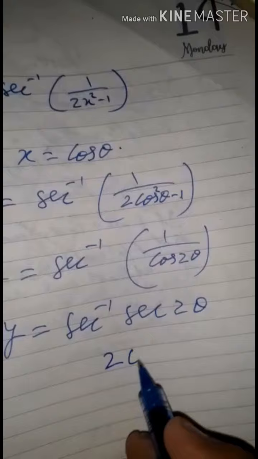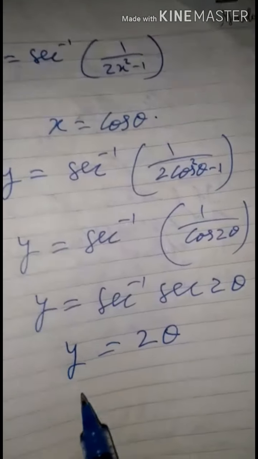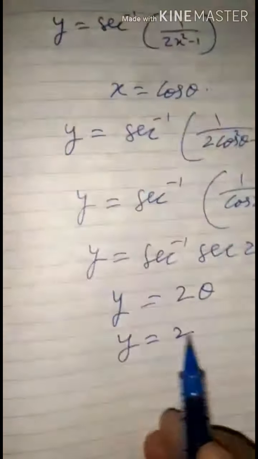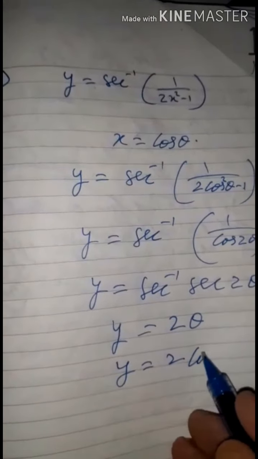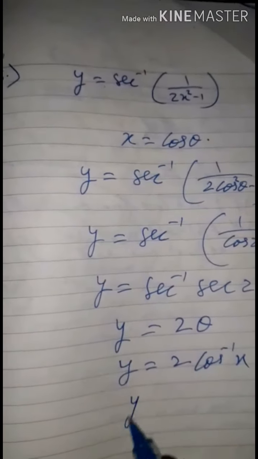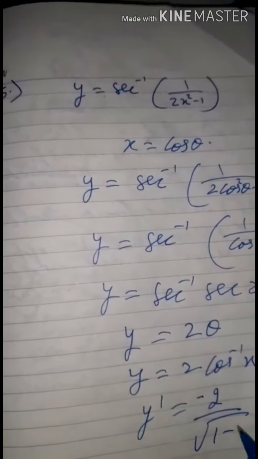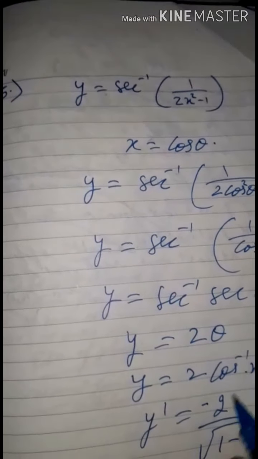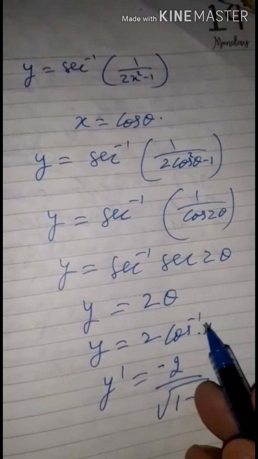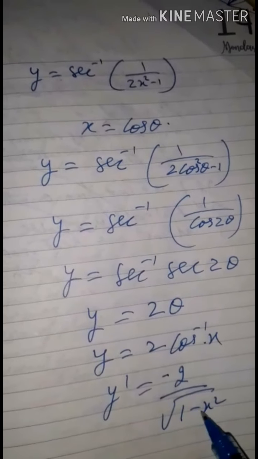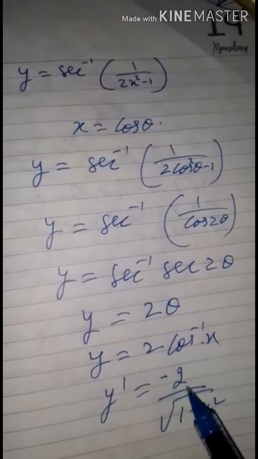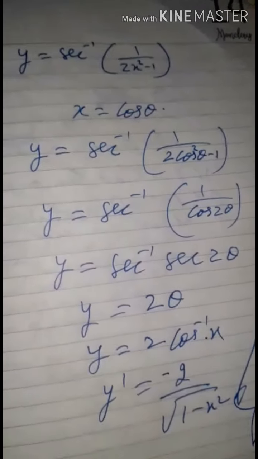Secant cancels with this, then we are left with only this. y is equal to, now by putting the value of theta, what we will get? 2 cos inverse x. Now y dash is equal to minus 2 upon under root 1 minus x square, because it's there in the formula of derivative. Cos inverse derivative is minus 1 upon under root 1 minus x square. So we will use this here.